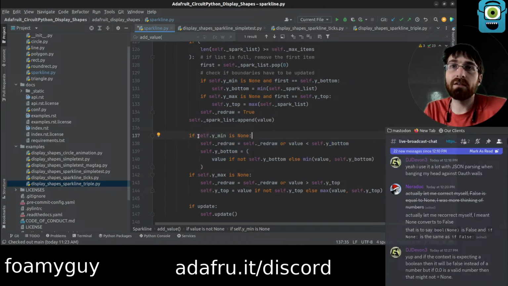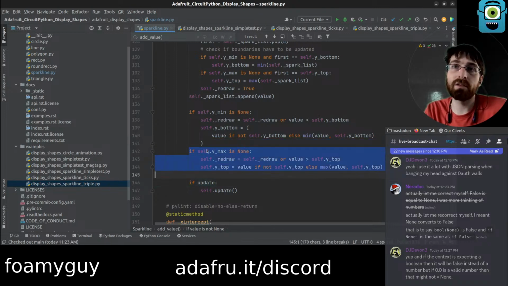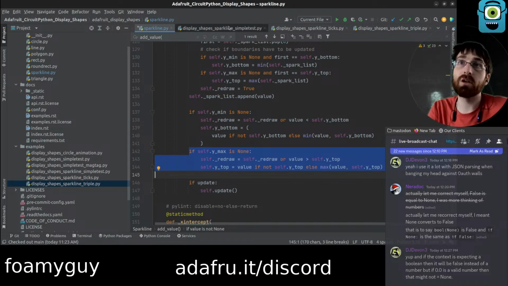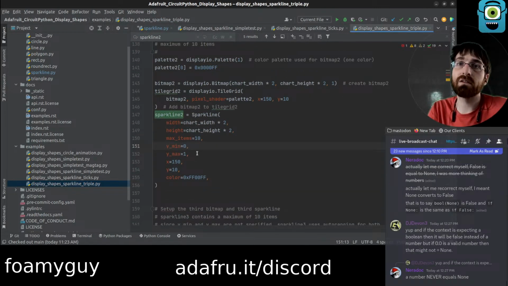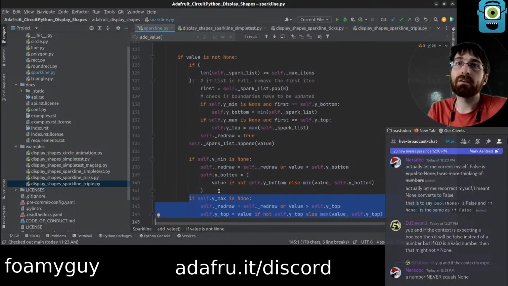So my understanding here is ymin is 0, therefore ymin is not none. This is not true. We do not go in here. We also do not go in here because ymax is also not none. It is 1 in our case. So it just adds it to the list.